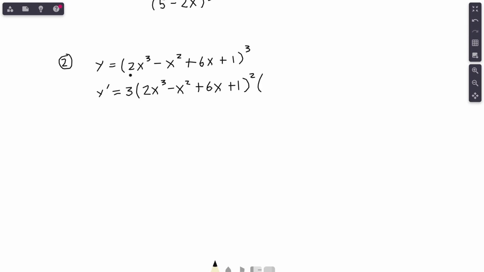And finally, we multiply by the derivative of the inside. That's the chain rule. So for the derivative of the inside, we bring down the 3, and it becomes 6x squared. Then the derivative of negative x squared is minus 2x, plus 6.